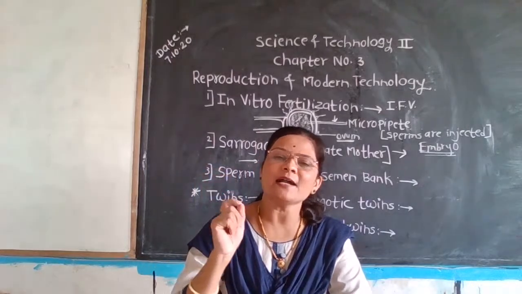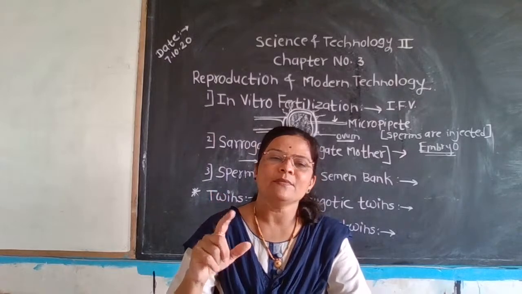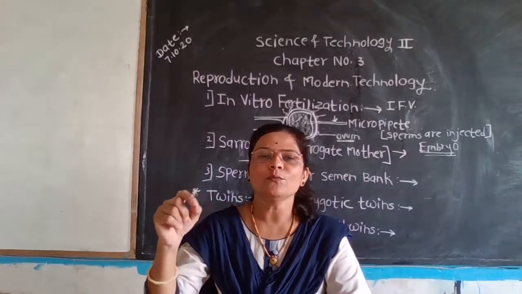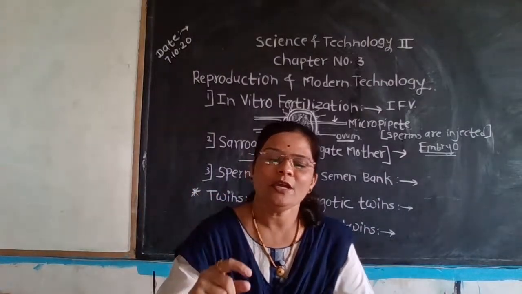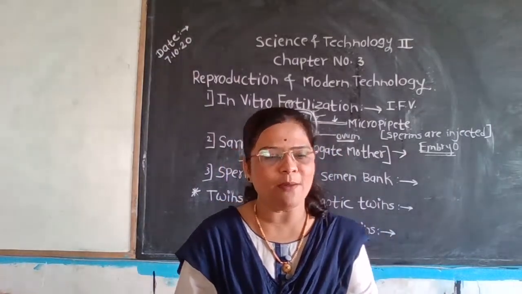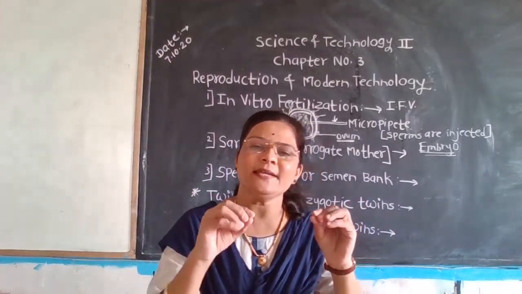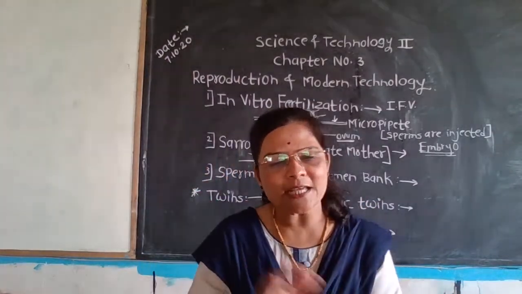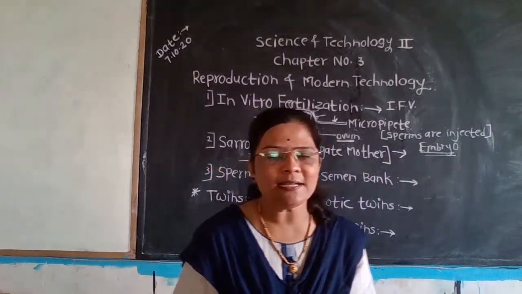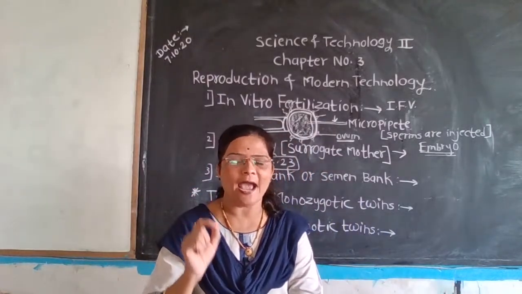Whenever there is a barrier or obstacle, at that time women cannot become pregnant, and if some women have problems in the implantation of the embryo in their uterus, since every embryo develops inside the uterus, such women can take the help of a modern remedial technique, and that modern remedial technique is called surrogacy.